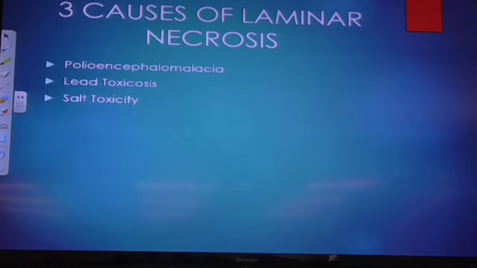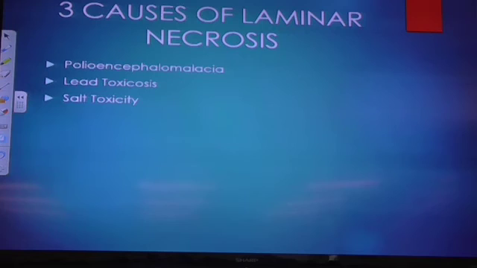Yes? So, is there a different context when you use polioencephalomalacia versus laminar necrosis? No, you can use those terms interchangeably. Sometimes when you say the term polioencephalomalacia, you could be talking about the disease itself with thiamine. So a lot of pathologists prefer to use the term laminar cortical necrosis because that's less specific.